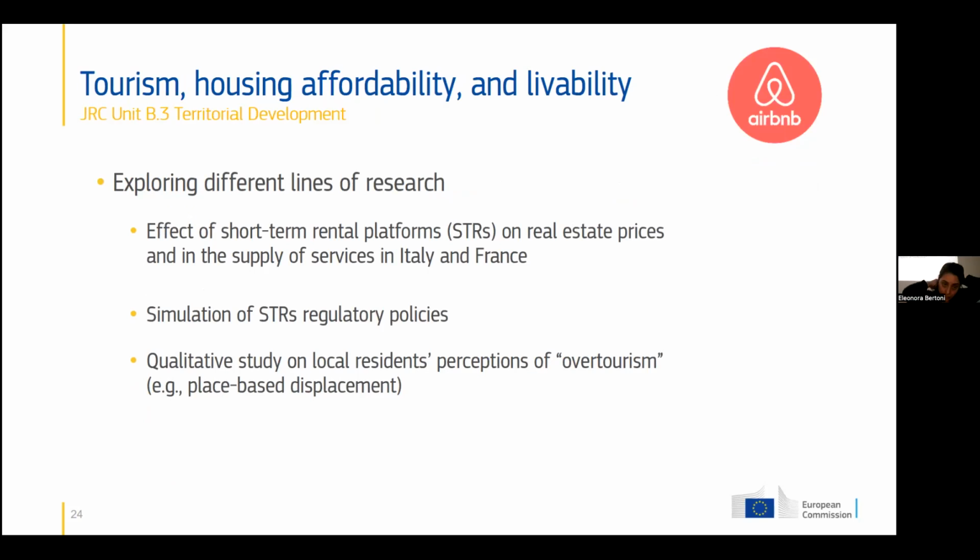The territorial development unit has been working on the impact of what is called the phenomenon of touristification for a while now, and we started this project by acquiring Immobiliare data for the area of Milan, because in the beginning we wanted to see whether there were changes in the demand for housing as a consequence of COVID-19.